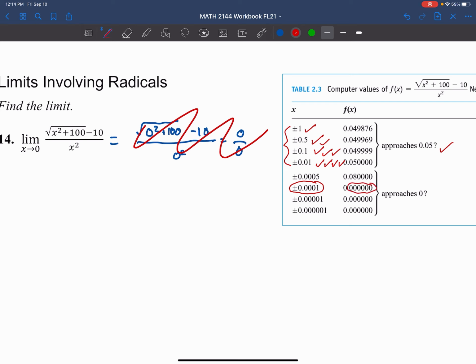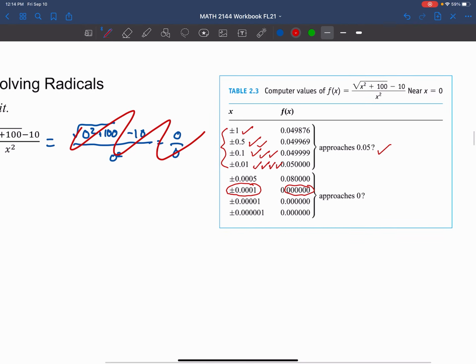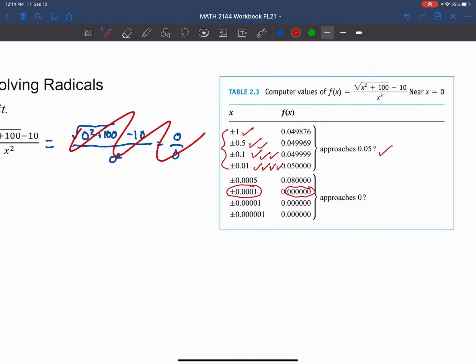So why does that happen? This is actually a limitation of the technology that we use. It does not approach 0; we're going to verify algebraically that it approaches 0.05. The reason this is happening is something known as floating point error.